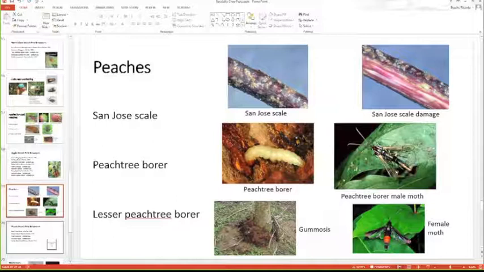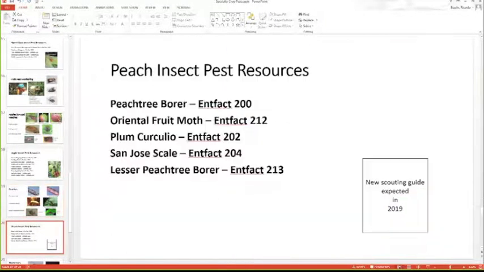Gummosis is that jelly-like plant sap that comes out and hardens on the outside of the bark. If you see some things that look like coffee grounds inside that gummosis, that's an excellent indication that there's a problem with either lesser peach tree borer or peach tree borer. Growers will run pheromone traps for both of these and treat accordingly.